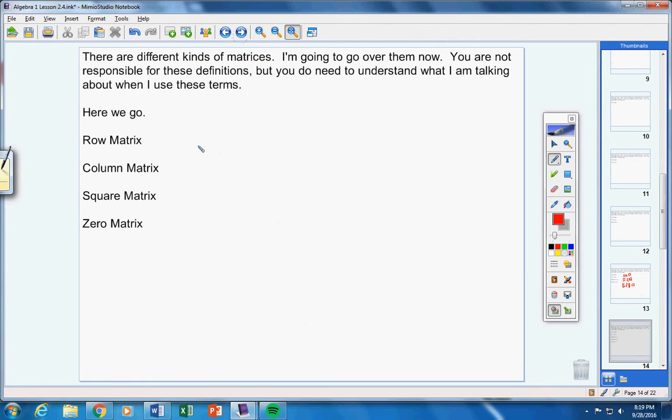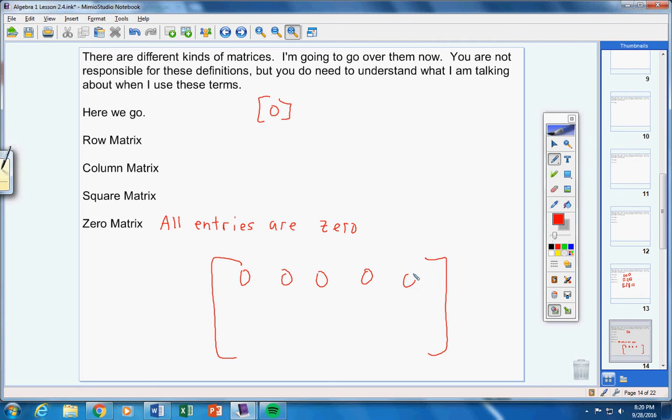A zero matrix is any matrix of any size. I don't care what it looks like, as long as all of the entries or elements, whatever you want to call them, all of the entries or elements are 0. So it could be a really small matrix like this, or it could be a very large matrix like this, as long as every single entry is a 0.